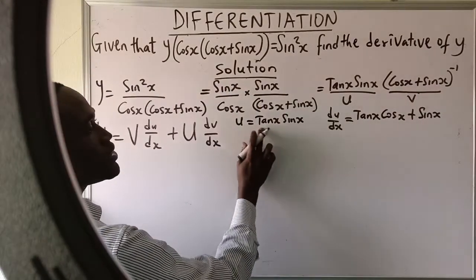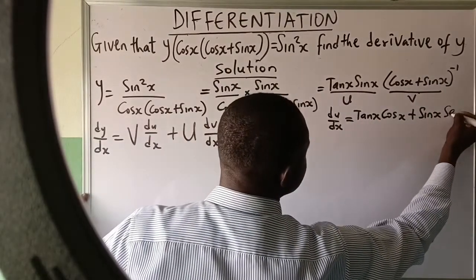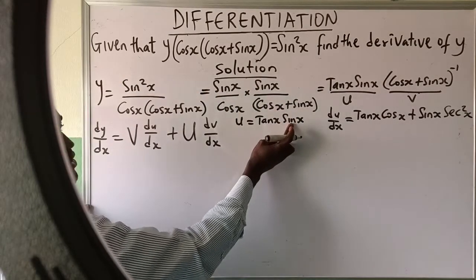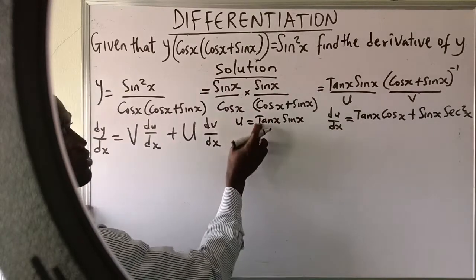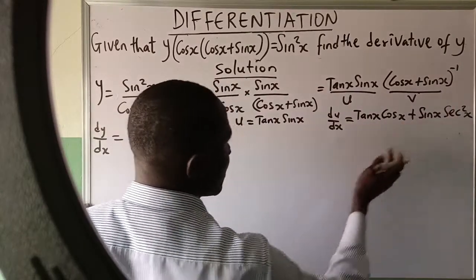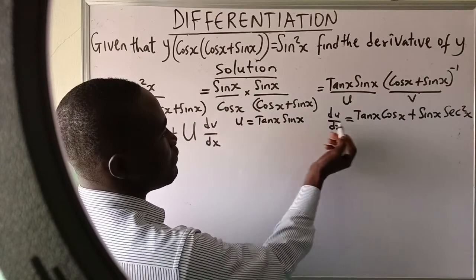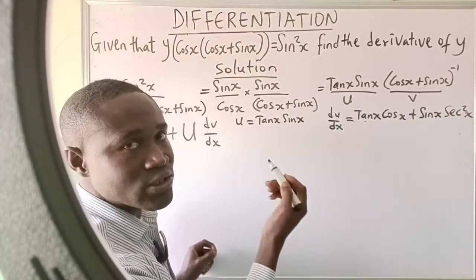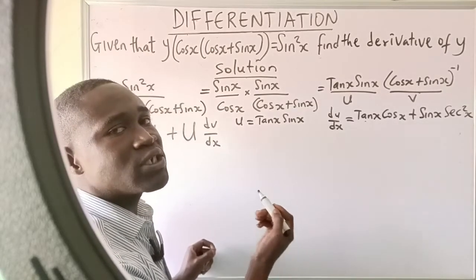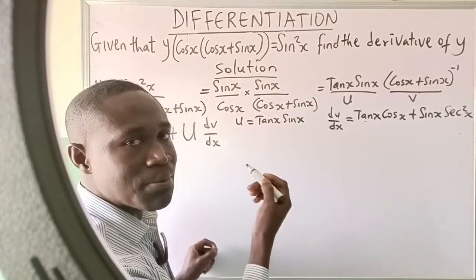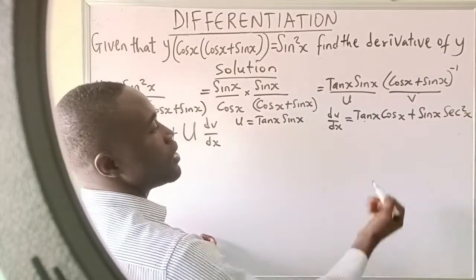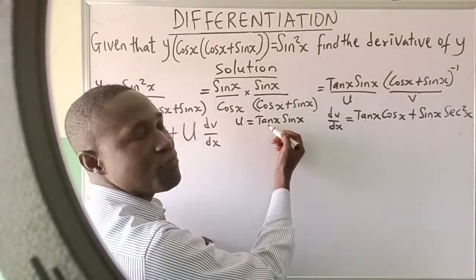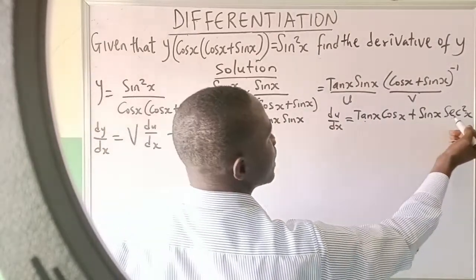If you are asked to differentiate tan x, you write sec squared x. Differentiation of sine x is cos x. But when they ask you to differentiate cos x, you say it's minus sine x. Then plus, put down the second, differentiate the first, tan x. Differentiation of tan x is sec squared x.